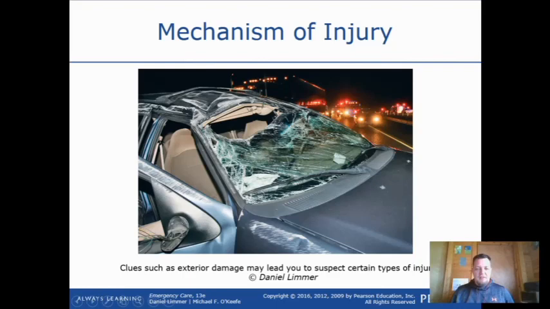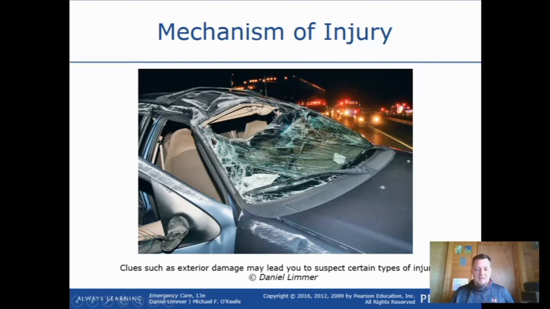So in here, we're looking at probably a rollover accident. The way the roof of the car is shaped upward looks like maybe it hit right here. This right here is damage from it either sliding against something or rolling on the pavement. The side view mirror is gone.